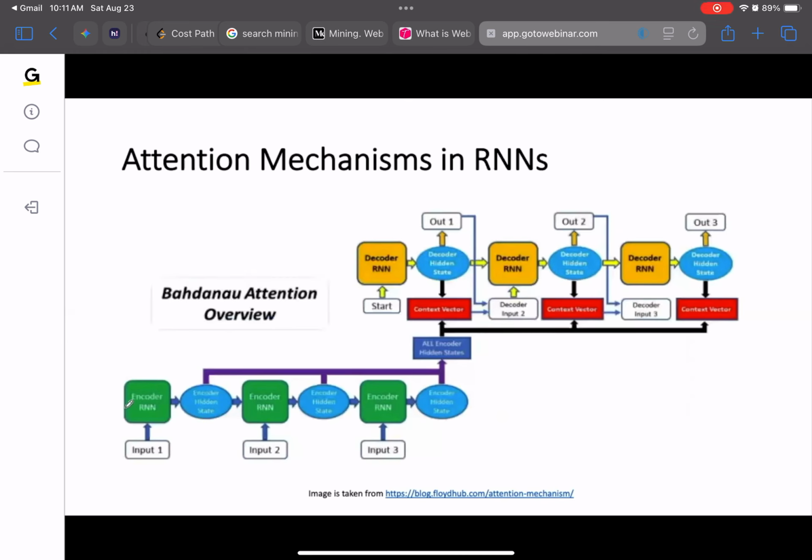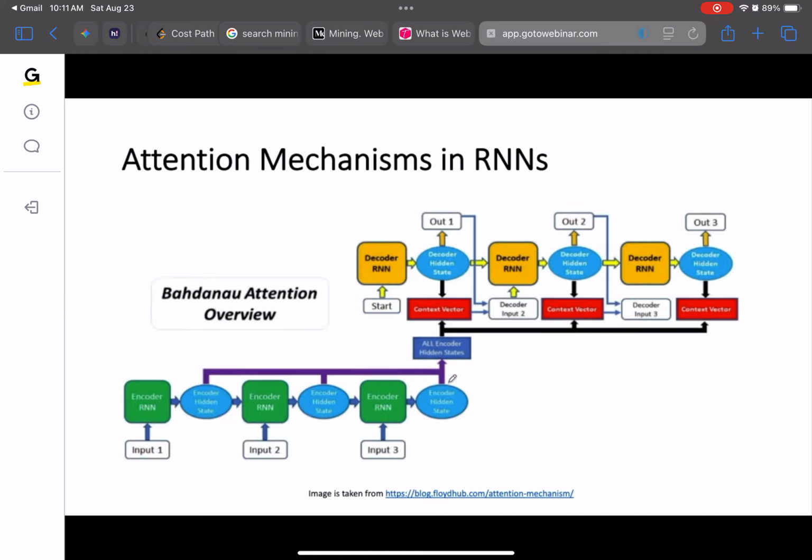Coming to the attention mechanisms in RNNs, this is one attention mechanism. This is the Bahdanau or additive attention mechanism. Here, typically, we have the encoder portion where the input is passed to the encoder, and we have encoder hidden states.